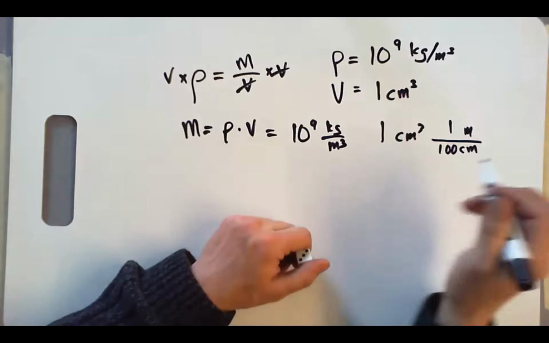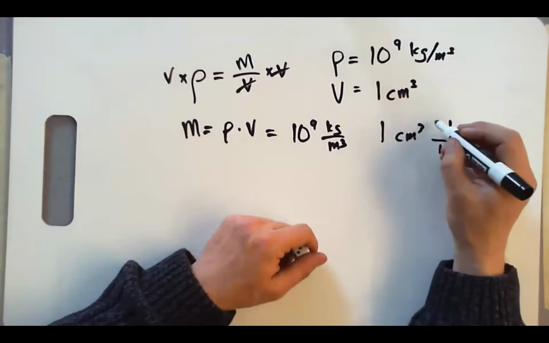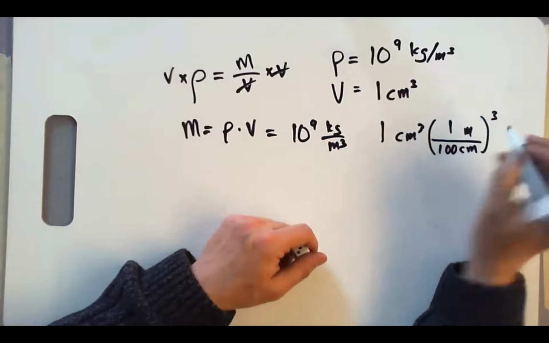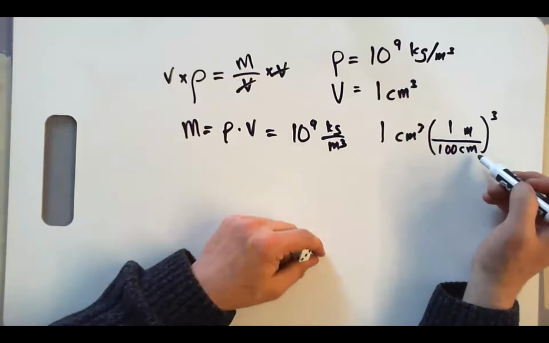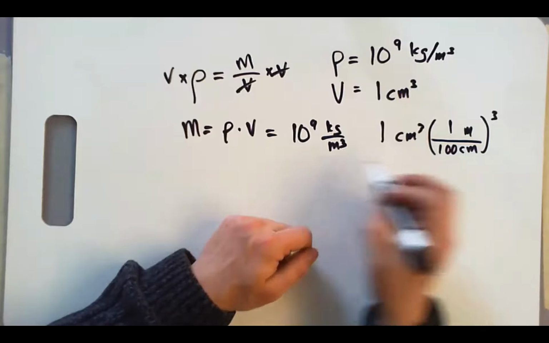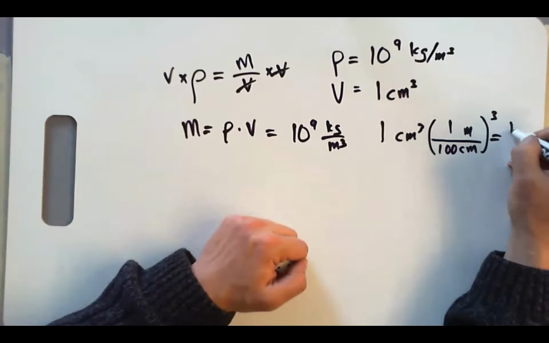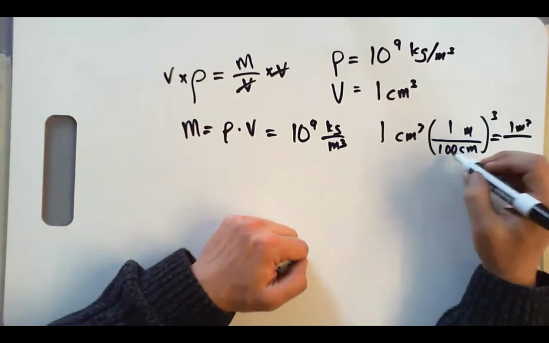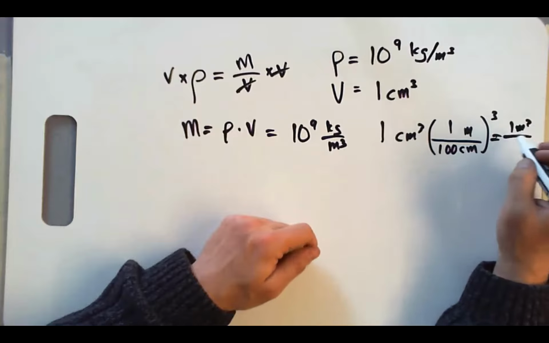Now, that doesn't get rid of all 3 of these. In fact, we need to cube this whole thing to get meters cubed on top and centimeters cubed on the bottom. Well, 1 meter cubed is 1 meter cubed. 100 centimeters cubed is 100 cubed centimeters cubed. This shouldn't be equals.